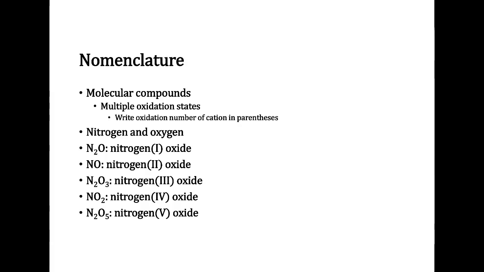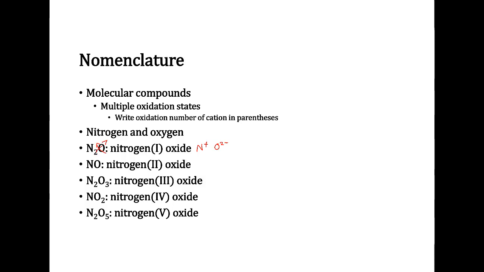Okay, so we can also use this oxidation method for molecular compounds or covalent compounds. So for instance, N2O, this would be known as nitrogen(1) oxide, because if we start to work backwards, we would have N with a +1 charge, oxygen with a 2- charge.